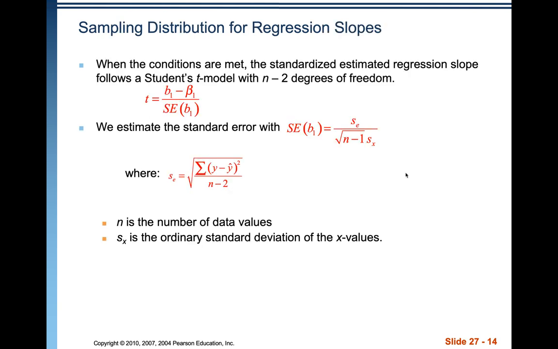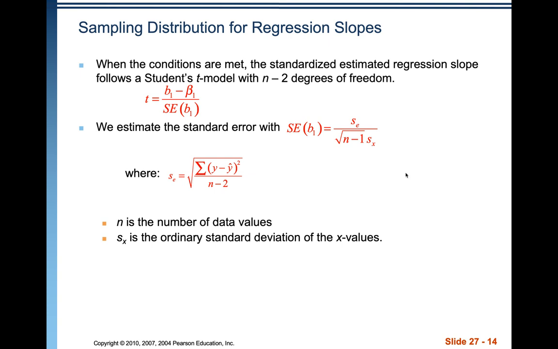When the conditions are met, the standardized estimated regression slope follows a Student's t model with n minus 2 degrees of freedom, because you've got two variables. And so that's going to equal b1 minus beta 1 over the standard error of b1.